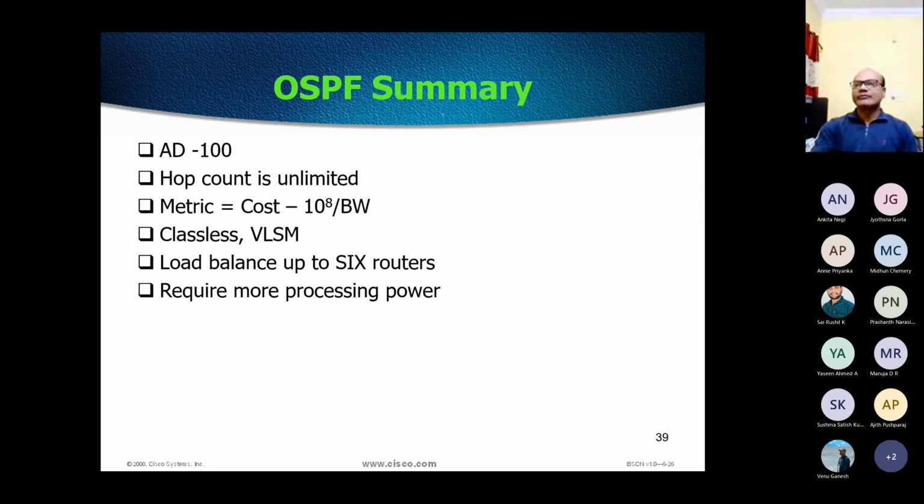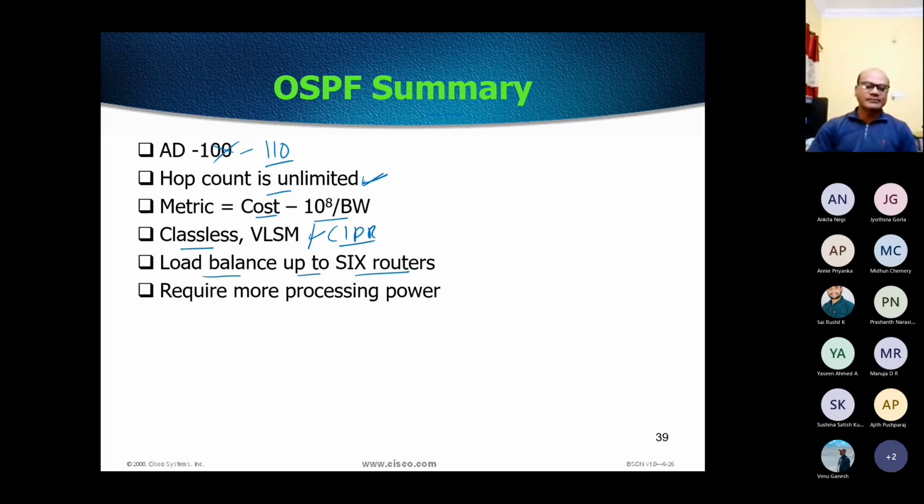So the OSPF summary: the AD value is talked about as 100, but actually it is 110. Hop count is unlimited. It's not 100, it's 110. So hop count is unlimited, guys, and the metric calculation is cost, which is 10 to the power of 8 divided by bandwidth. It is a classless routing protocol. It supports VLSM as well as CIDR, classless interdomain routing. Load balancing is up to 6 routers.